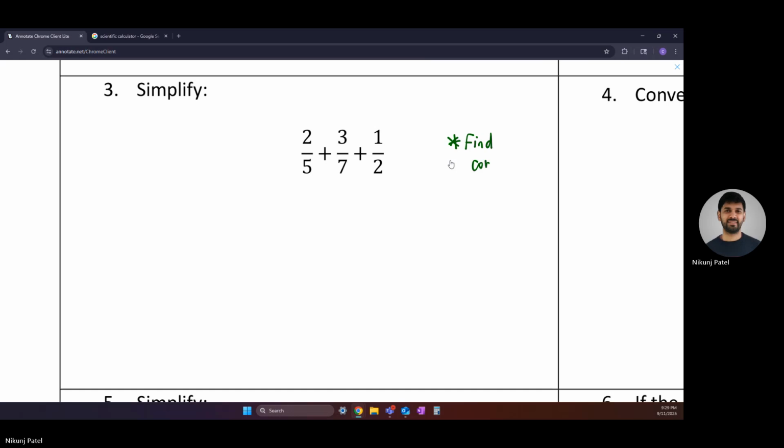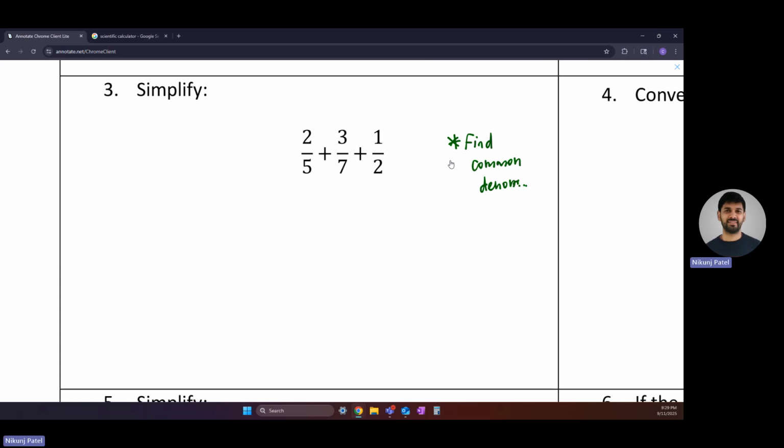Find common denominator. So we need to think about what number do all of these have in common in terms of a denominator? What can they all be multiplied to become?